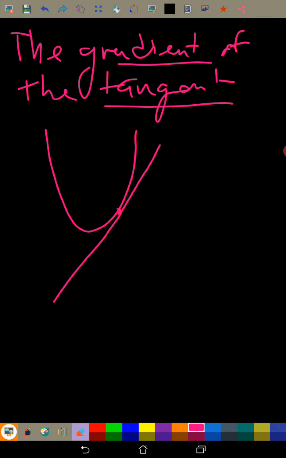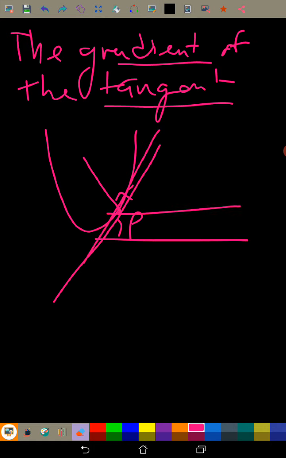So a tangent to a curve is a straight line that touches the curve only once. Let it be point P, and the tangent to a curve at any point P is a straight line that touches the curve at point P. And usually it's perpendicular here, and that's what a tangent is. So we want to know, if we take different points, you see that the angle is changing. The angle is changing.